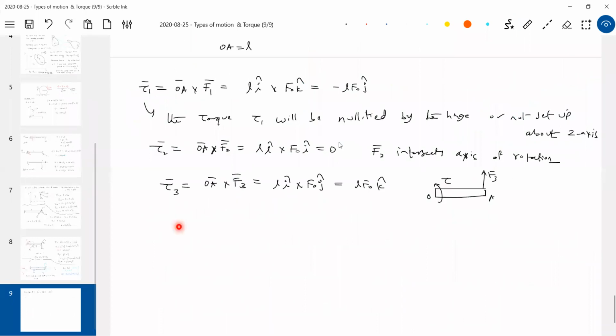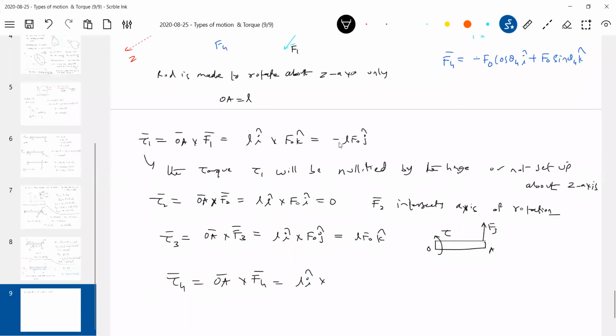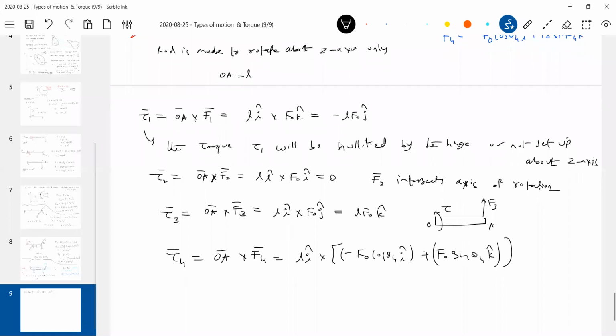Though it is non-zero, see, minus F naught cos theta 4 i cap plus... This will be i cross i, which will be 0. i cross k is non-zero, it is coming. Why can't you take this one?